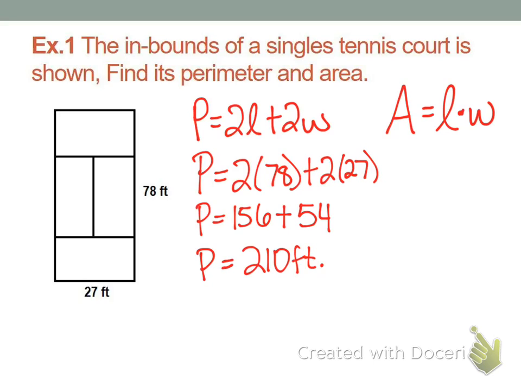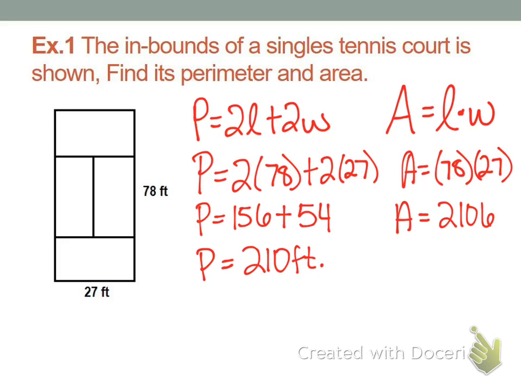Questions about perimeter? Let's move on to area. We are just multiplying those two numbers. So we are taking 78 times 27. What do we get? 1,106? Oh, 2,106. That sounds a little more reasonable.